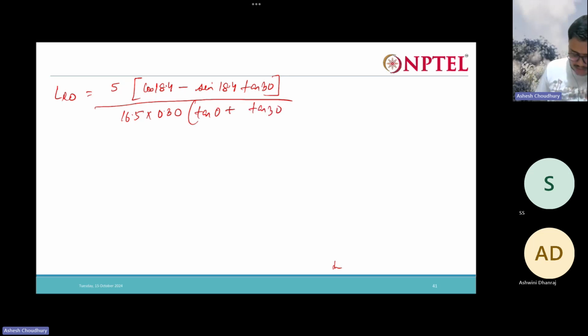If you put the values, you will get 3.83 divided by 2.6. So LR naught is 1.34 meters. This is the runout length for this case.